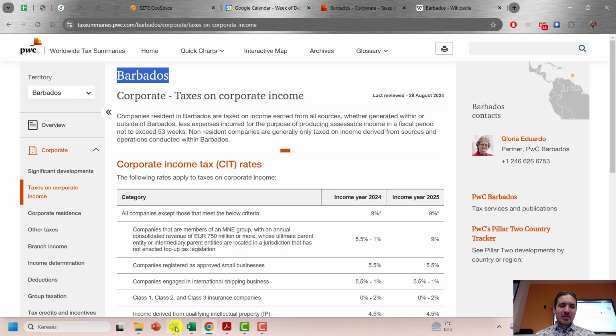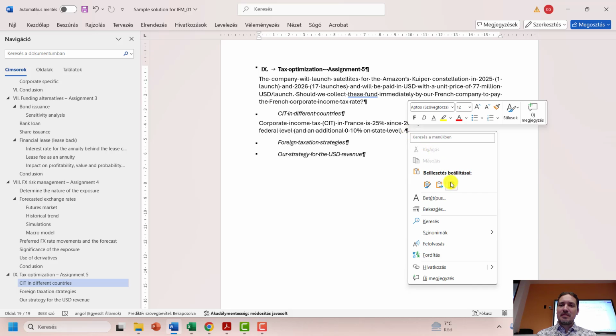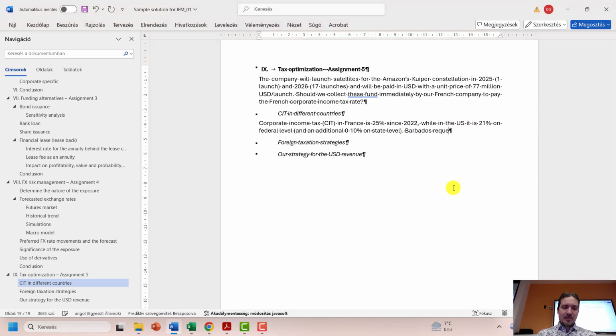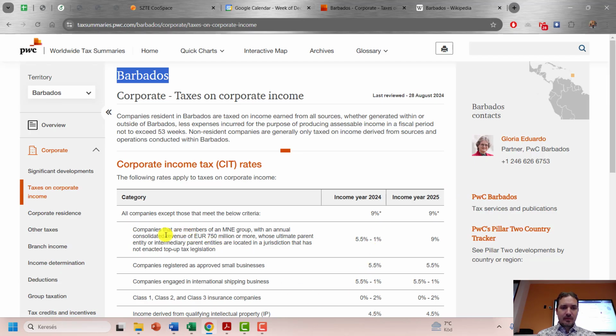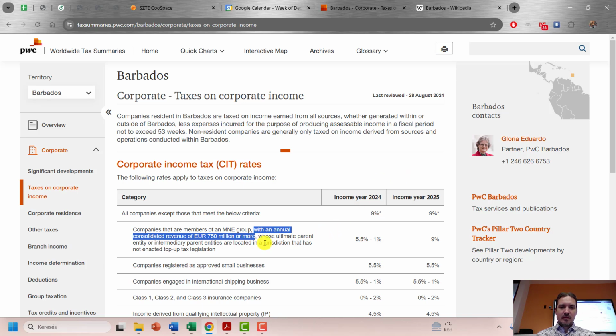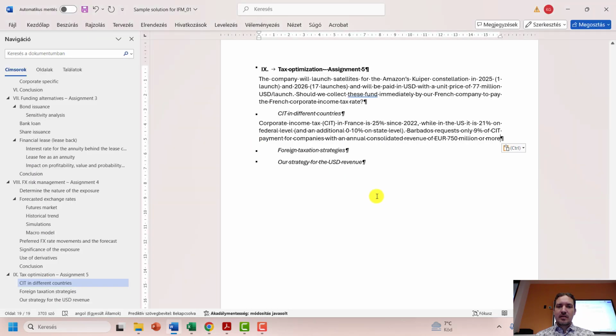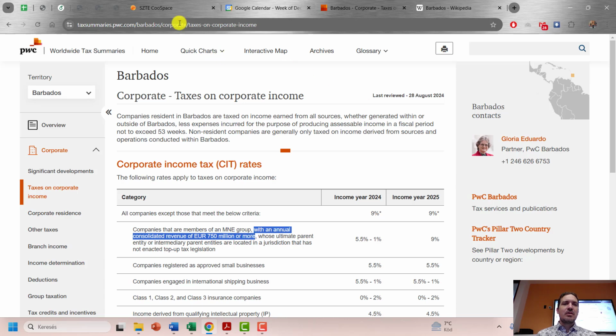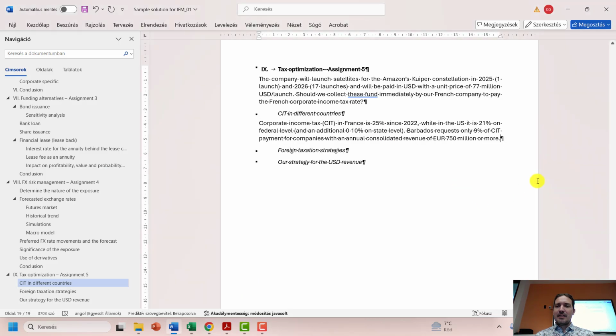Yeah. So in Barbados, we could choose other sources, but right now let's say that, okay, this one is proper.